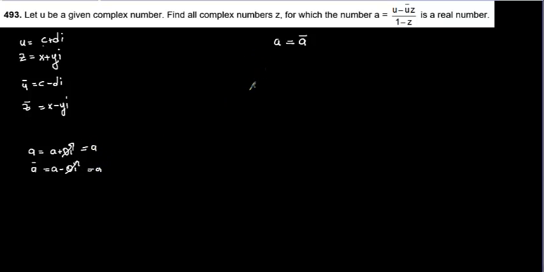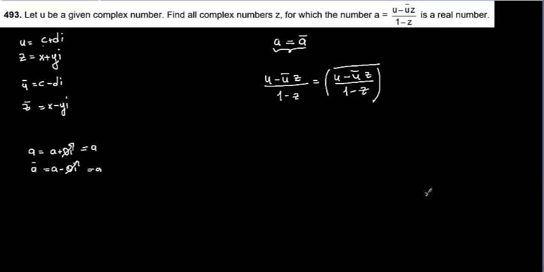So we are going to try to prove this one. Here we understand that if A is a real number, then A must be A conjugate. So (U minus U conjugate Z) all over (1 minus Z) must be equal to the conjugate of it.